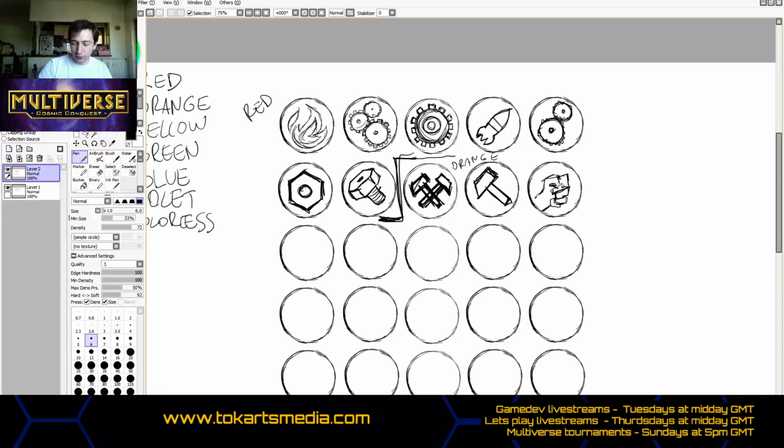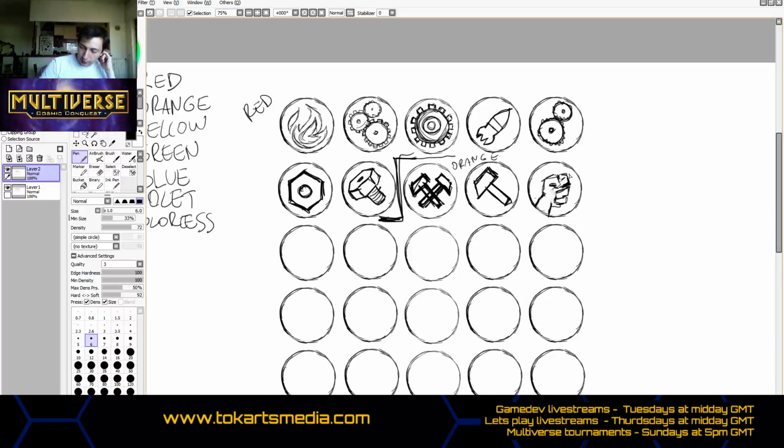And not all orange races are humanoid. I prefer avoiding human-related things, specific human things. However, this is still a possibility, having a fist.